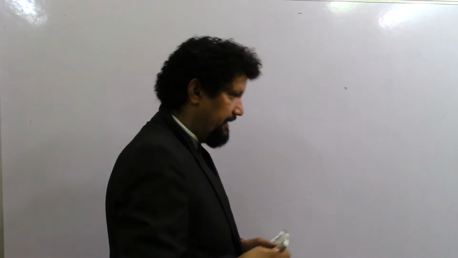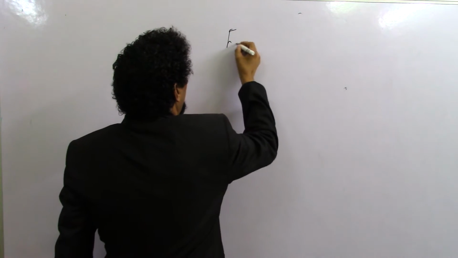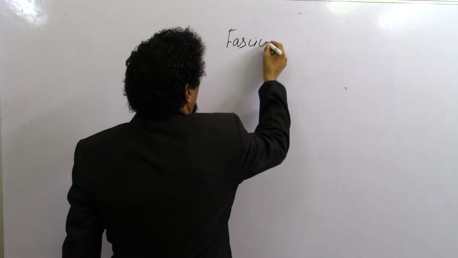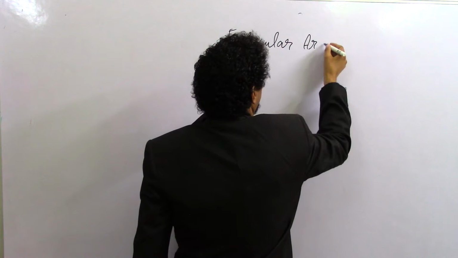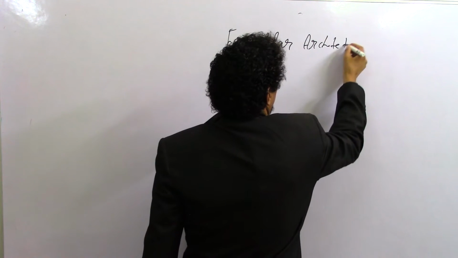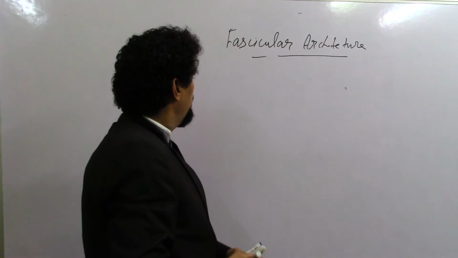So this is the basic fascicular architecture of the muscle.